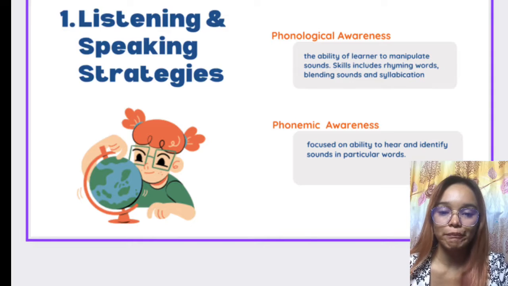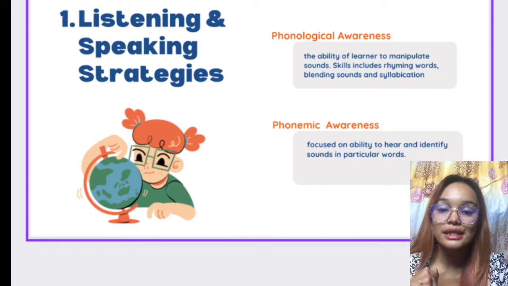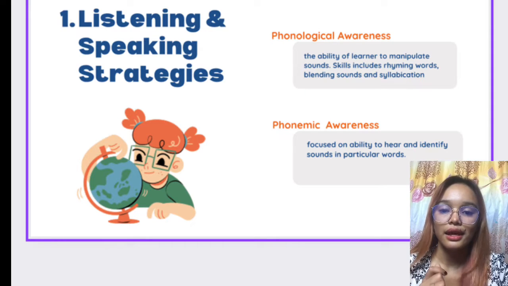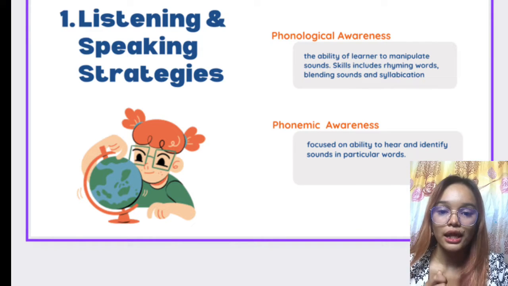When we say phonemes, it is the smallest unit of sound. The phoneme for sun is s. So for phonological awareness, the students are able to understand and manipulate the sounds of it.